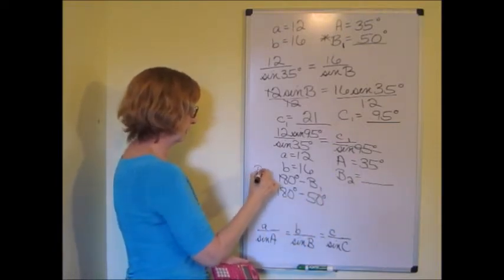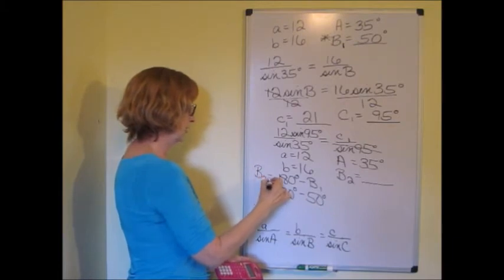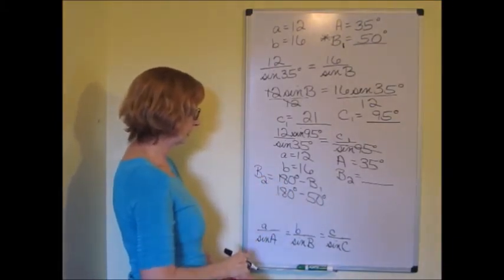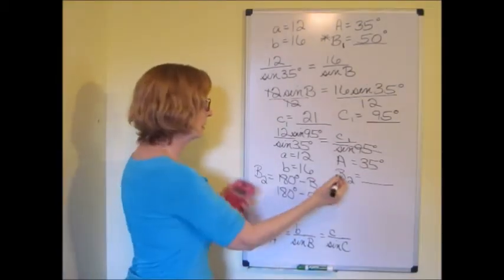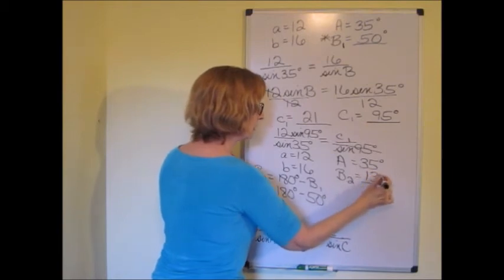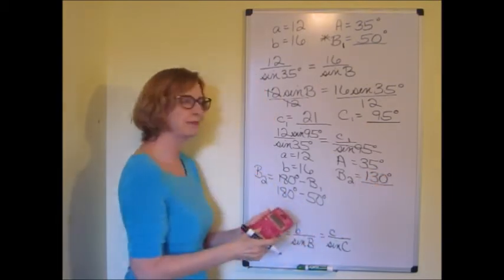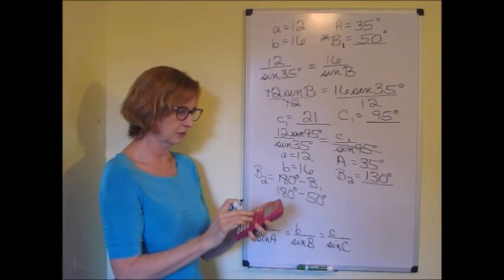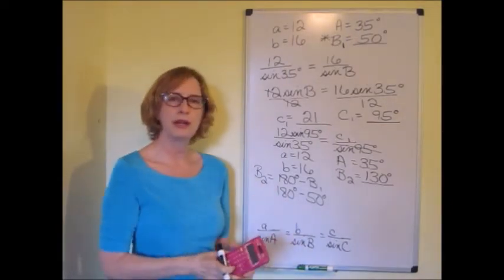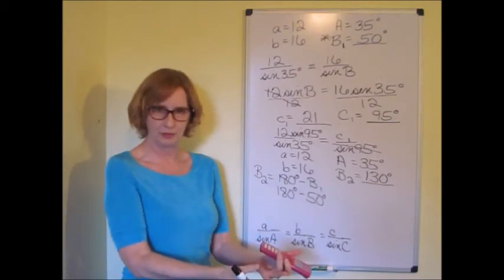This is how you would find the angle B in the second triangle. And 180 minus 50 is going to give us 130. So angle B in a second triangle would be 130 degrees. And let's see if that makes sense. Really, just remember that the angles in a triangle have to add up to 180. They certainly cannot be more than 180.